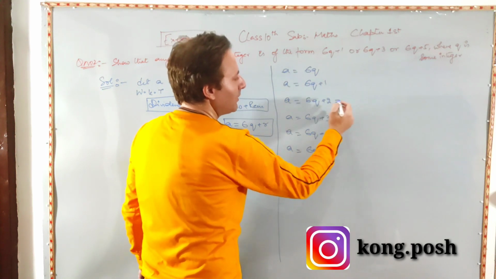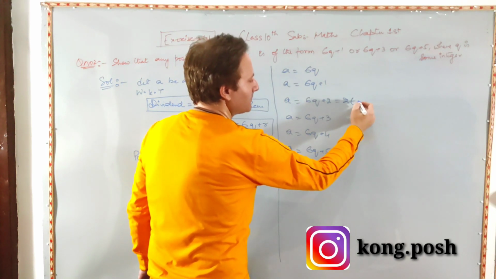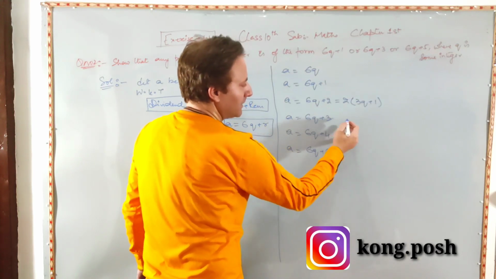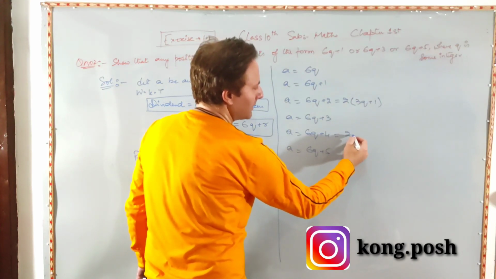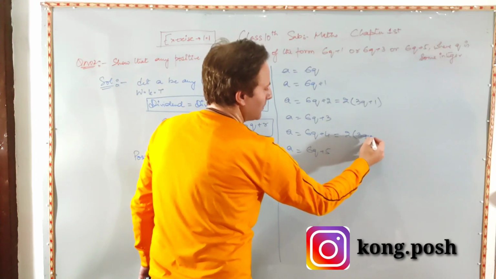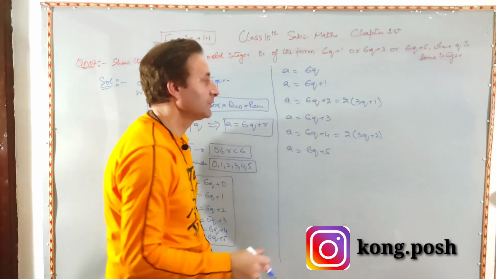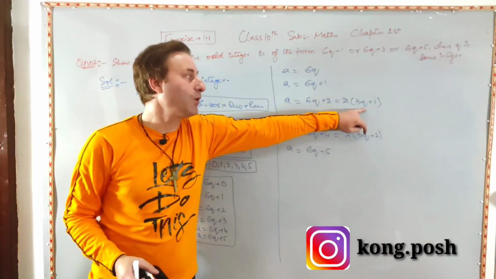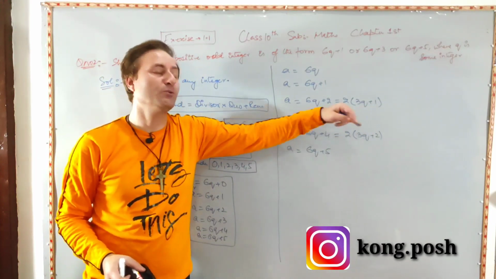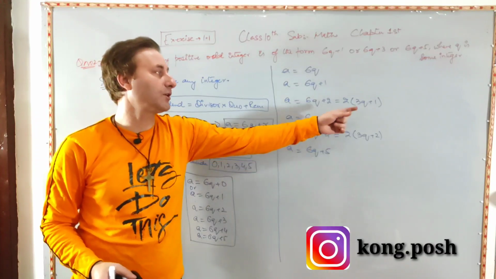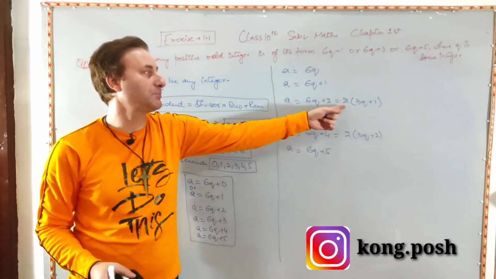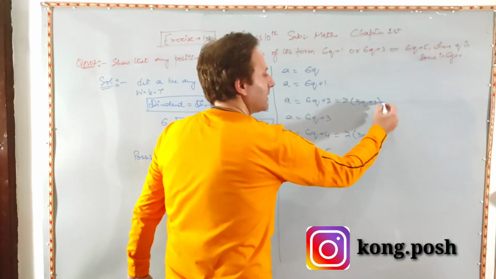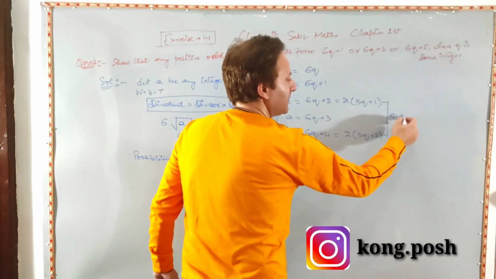In this one, I can take a 2 common, so it becomes 2 times 3q. Here also, I can take 2 common, 2 times (3q plus 1), and in 6q plus 2 as well, 2 times (3q plus 1). In 6q plus 3, I can't do anything. So what does this mean? It means that whatever comes here, let the quotient be 1, 2, 3, even or odd, whatever comes in the bracket, when it gets multiplied with 2, it becomes an even number. So these will become even.